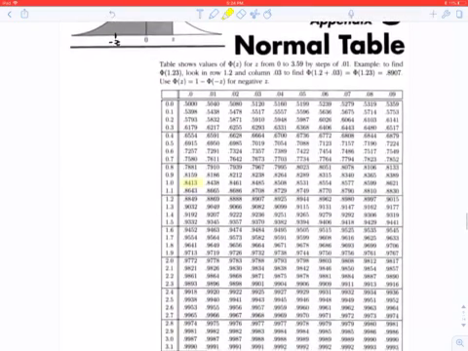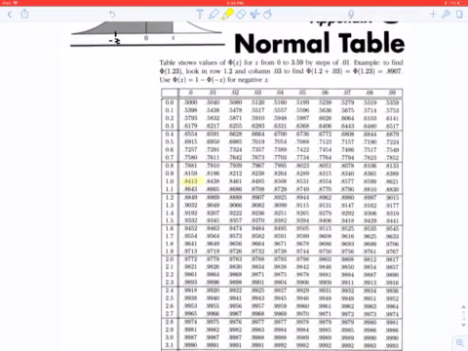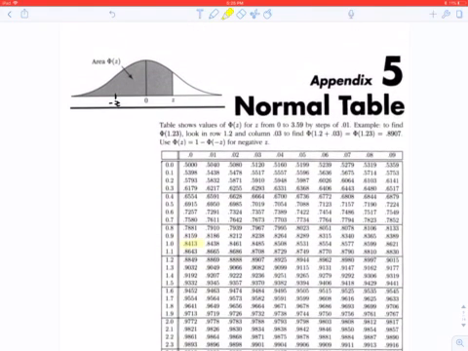To read this table, if you wanted to find phi of 1.00, you'd locate the 1.0 row and the second decimal in the column, and you'd see that phi of 1 is 0.8413.